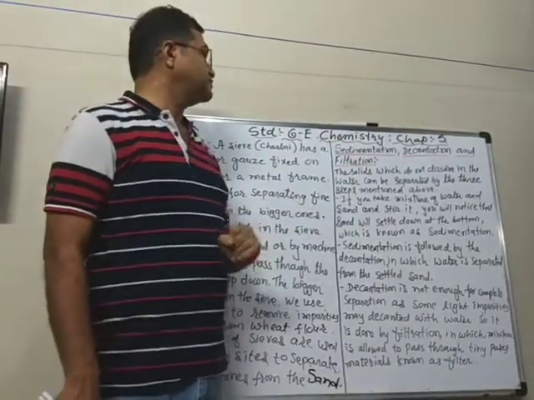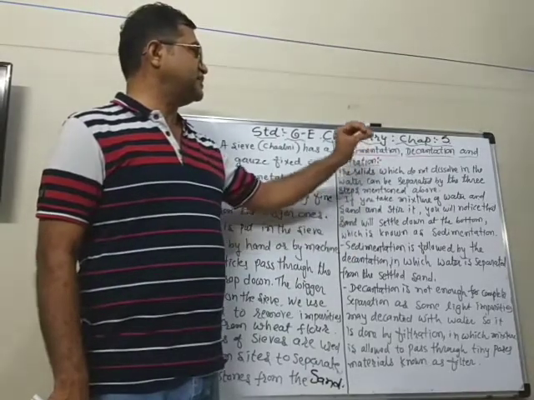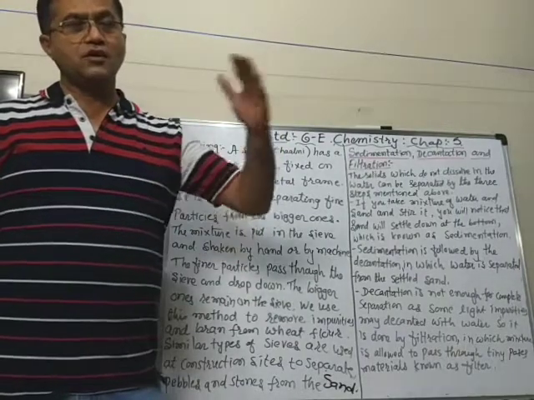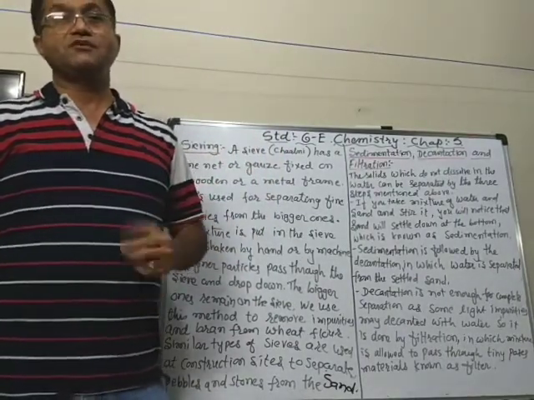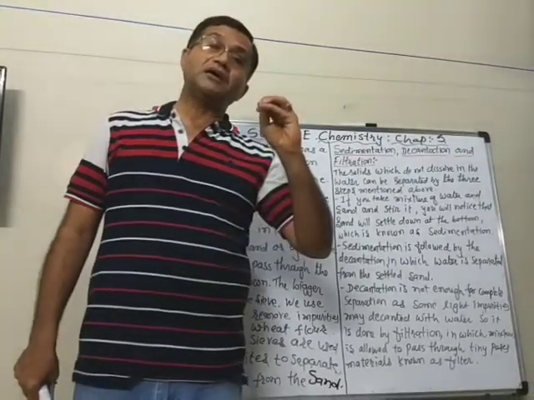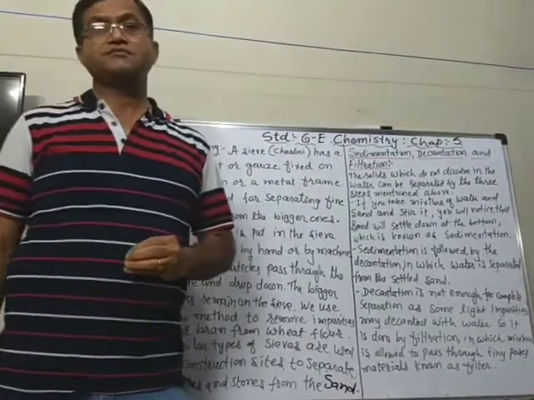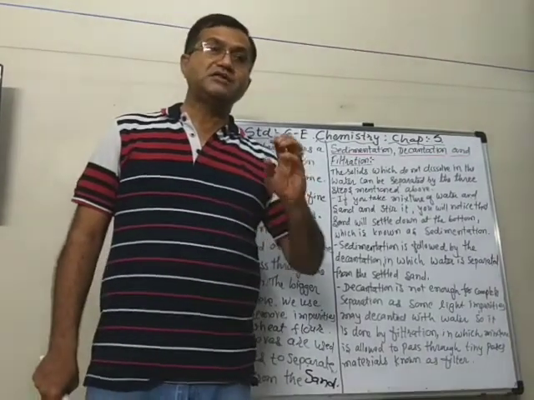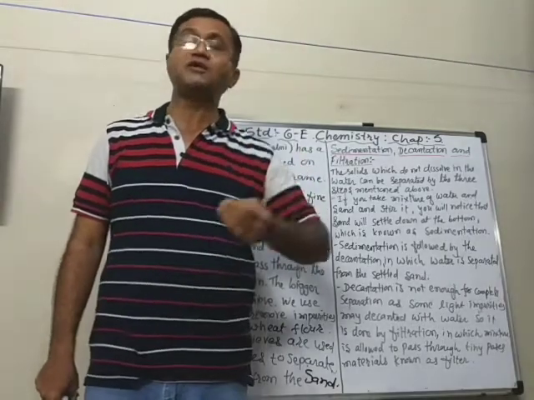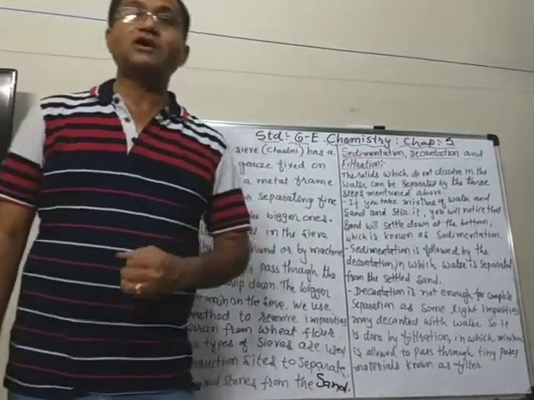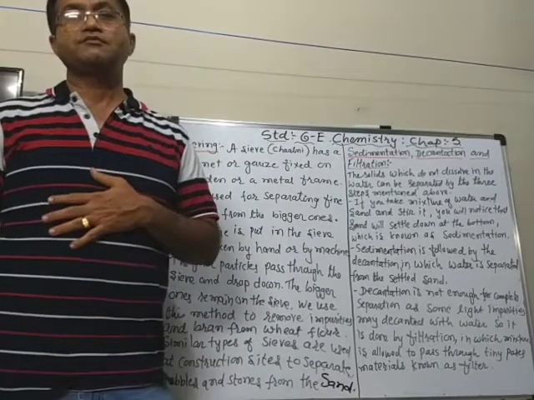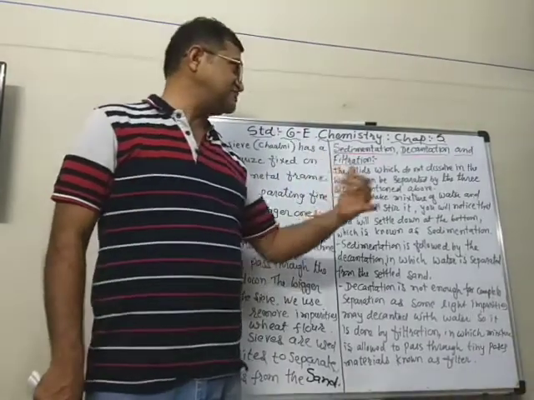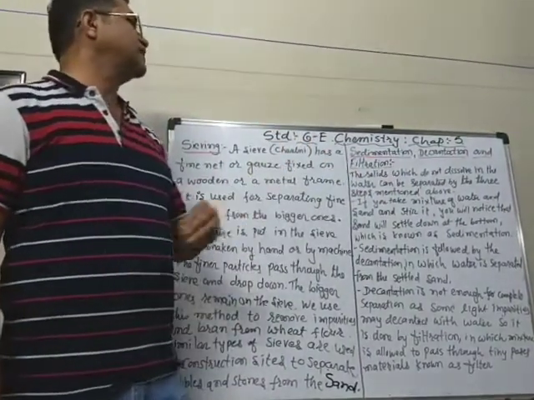Now the other methods: sedimentation, decantation and filtration. These three methods are used step by step. When the solid particles do not dissolve in the water, and if you want to separate them, then we use these three steps: sedimentation, decantation and filtration.